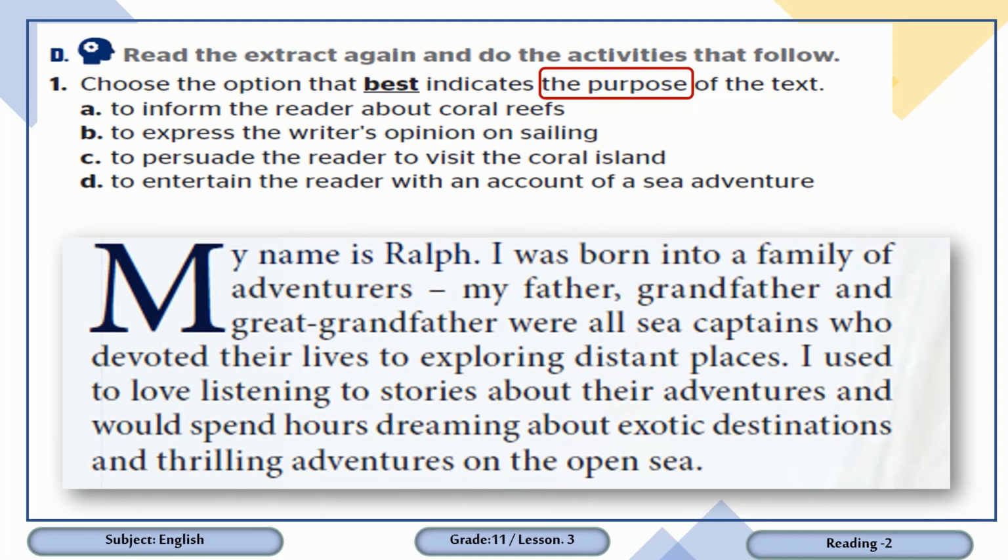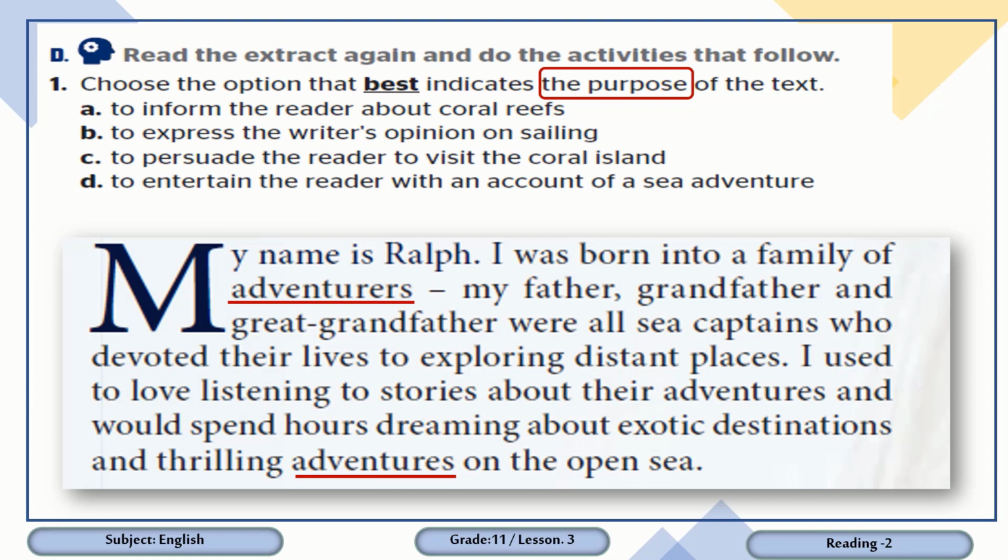If we go through the lines of the introduction here, we can notice some keywords that are going to lead to the answer. Here we have the word adventurers and we have the word adventures.